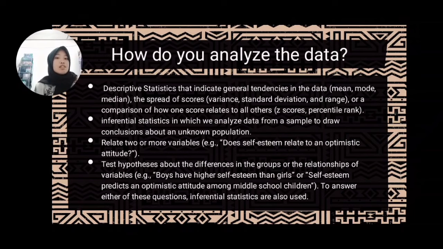And last, test hypotheses about the differences in the groups or the relationships of variables, e.g. boys have higher self-esteem than girls, or self-esteem predicts an optimistic attitude among middle school children. To answer these questions, inferential statistics are also used.